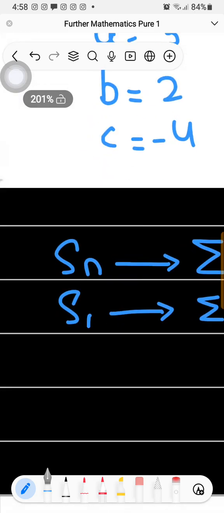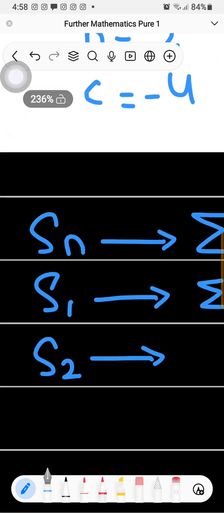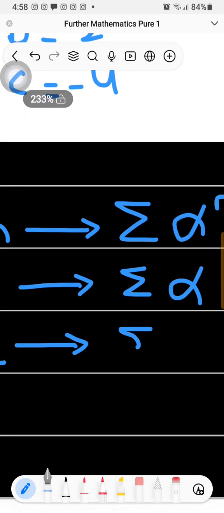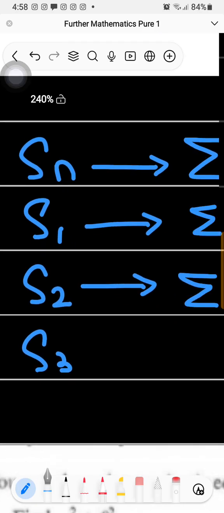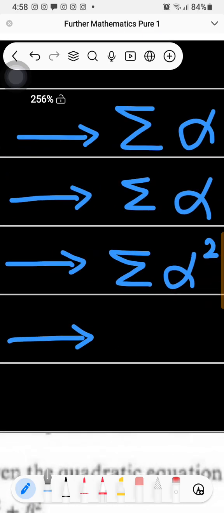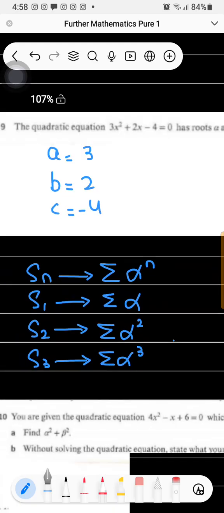If it is asking for S2, it means he wants sum of alpha square. If he asks for S3, it means sum of alpha cube.